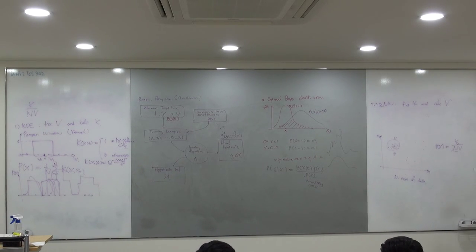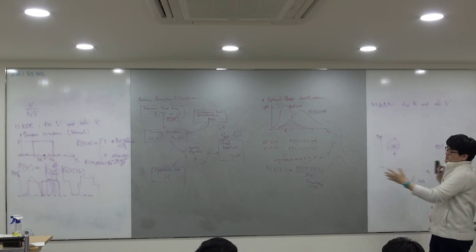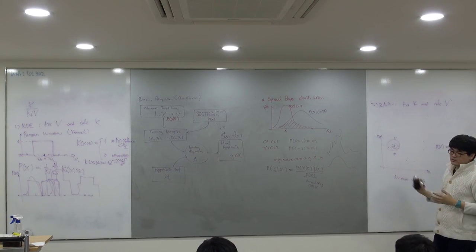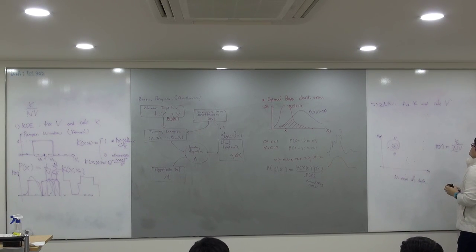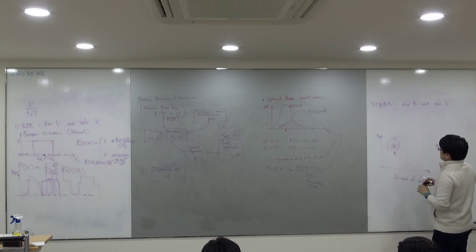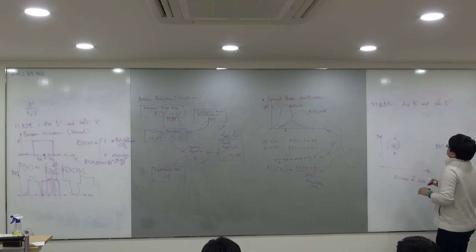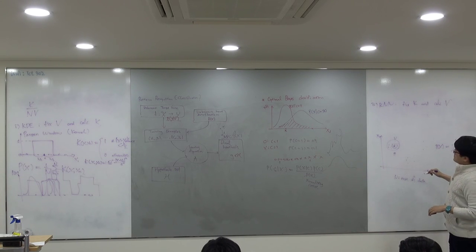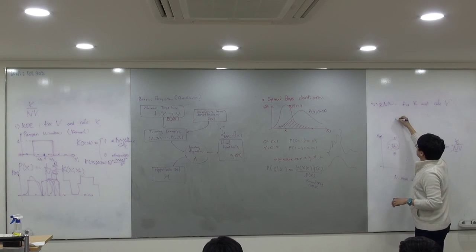So you can think of this method as a kind of adaptive kernel density estimator, because your volume is adapted according to the current samples.